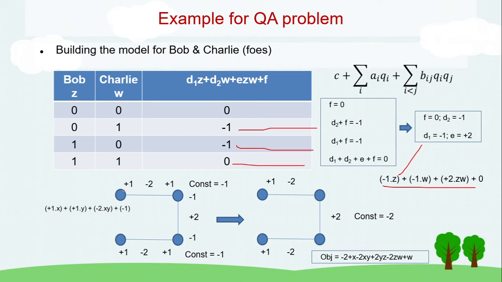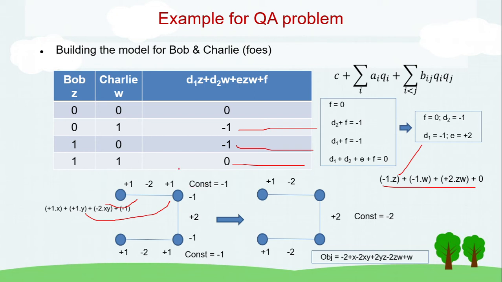So the first equation came from the previous slide: plus 1x, minus 2xy, plus 1y, and the constant. The constant we will keep away from the graph for the time being.